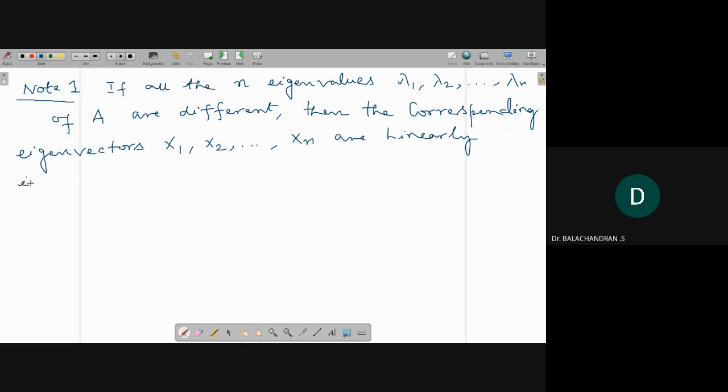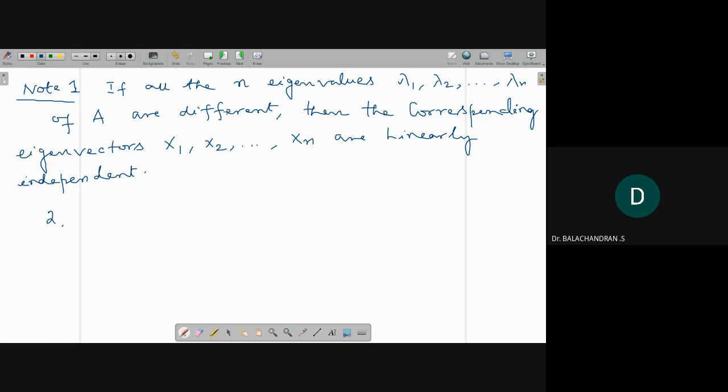This is the extension of the previous result. In the previous property, I took two eigenvalues, lambda 1 and lambda 2, and proved that the corresponding eigenvectors x1, x2 are linearly independent. You can generalize the previous property for n eigenvalues.